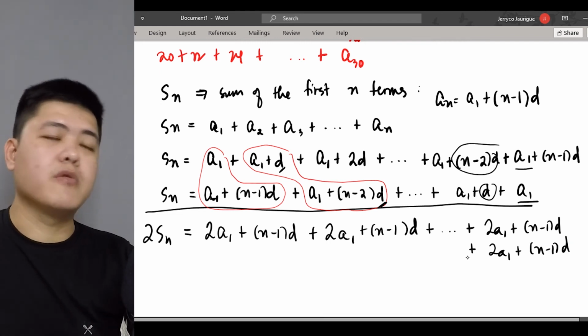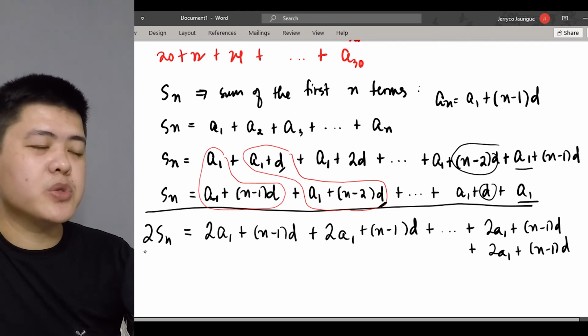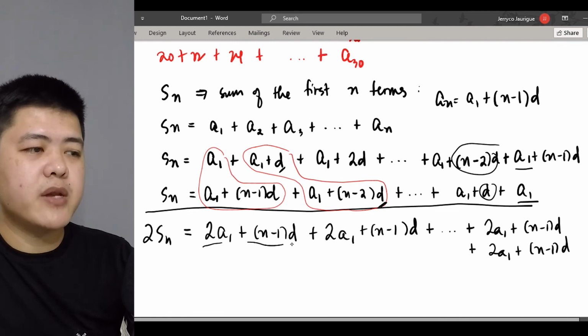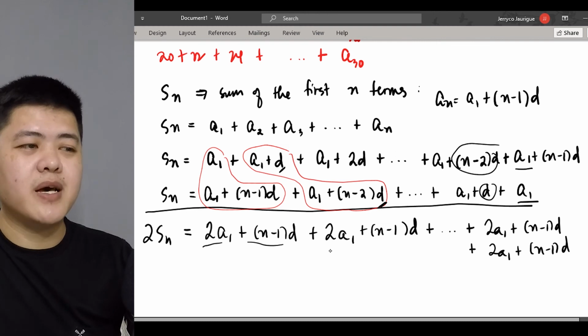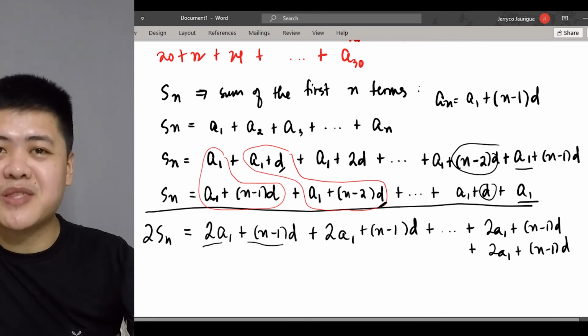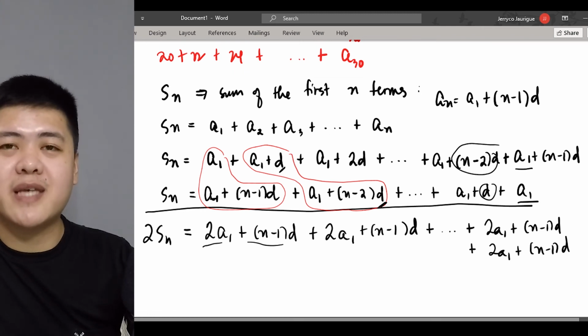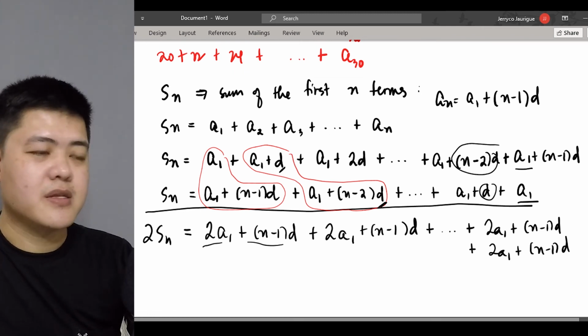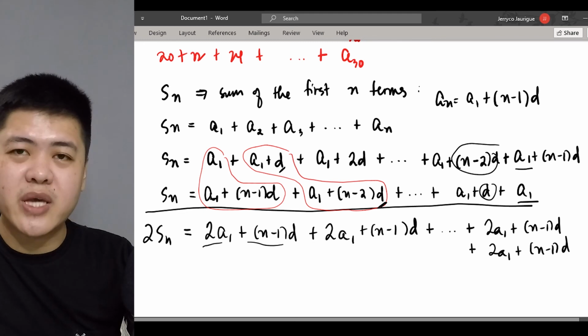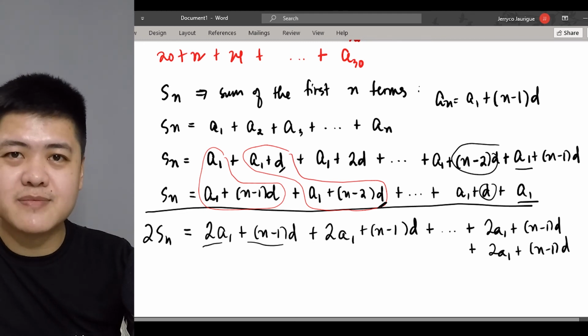Now, kung mapansin nyo, we have your 2 times s sub n is equal to 2a sub 1 plus n minus 1 times d plus 2a sub 1 times n minus 1 times d hanggang dulo ay puro 2a sub 1 plus n minus 1 times d. The question is, ilang 2a sub 1 plus n minus 1 times d yan?